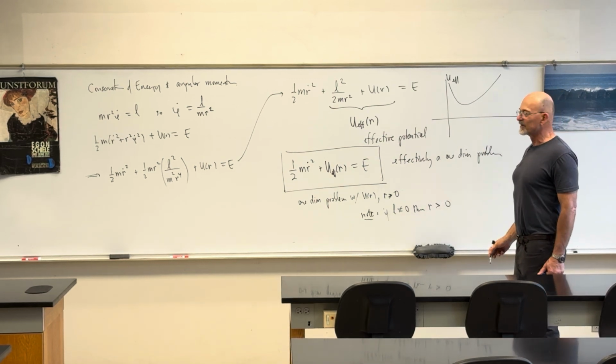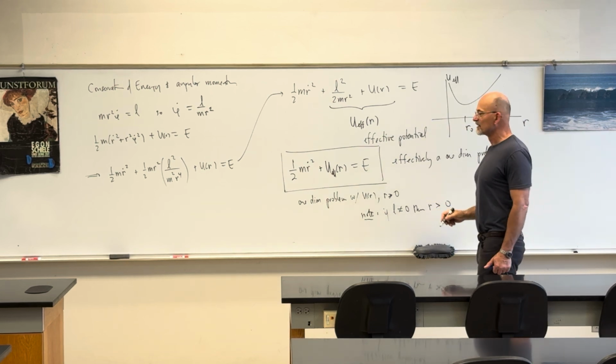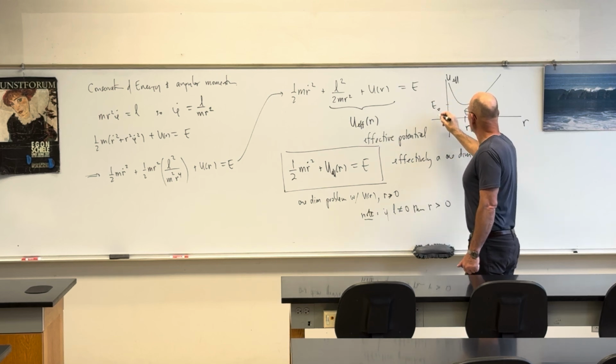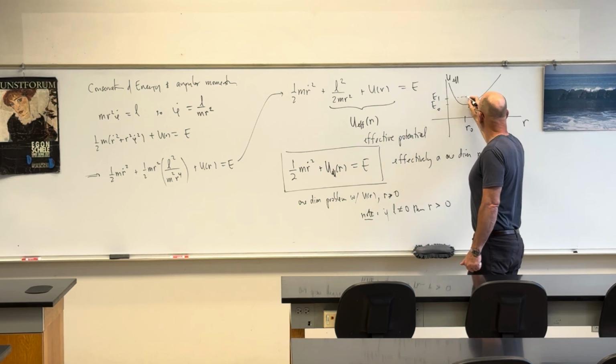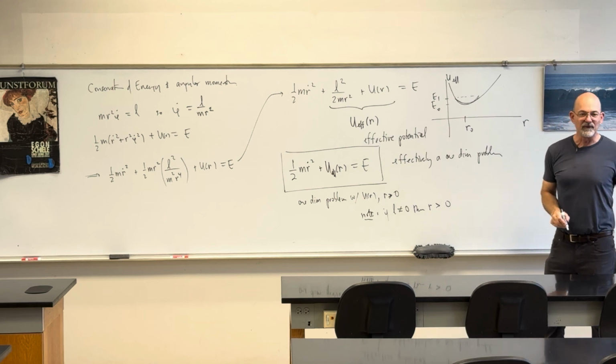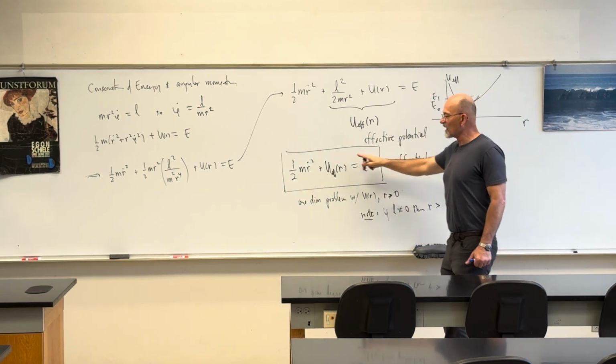Apply all your skills. You can say, well, here there's an equilibrium point. It's a stable equilibrium point. And you can say, if I have slightly greater energy, then I have oscillations around that equilibrium point and so forth. All of those things that we've studied and learned how to do, we can apply to this.